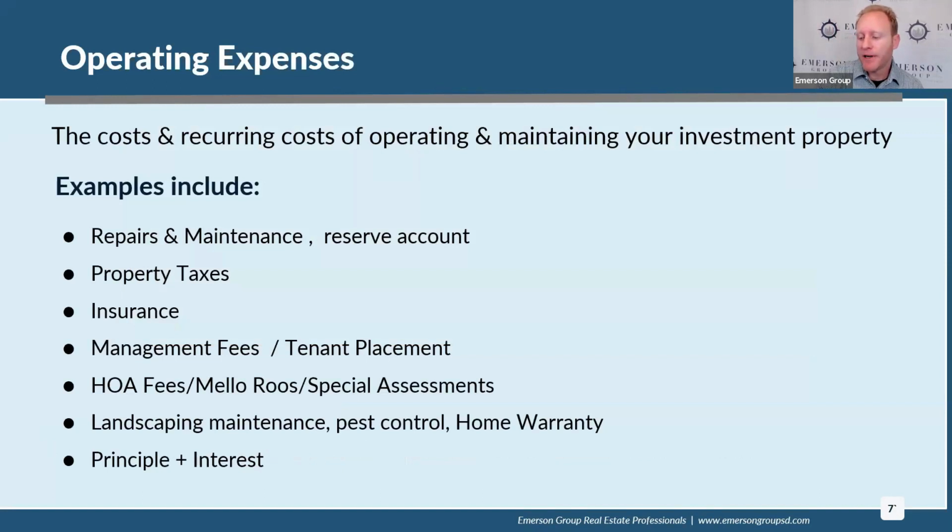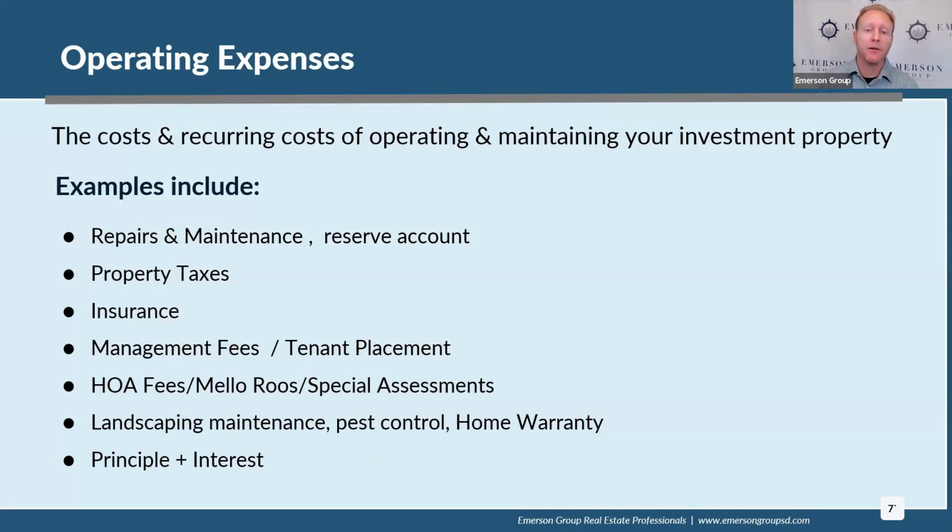Okay, operating expenses: the costs and recurring costs of operating and maintaining your investment property. This is a good refresher of all the things that would be under this category. Repairs and maintenance. Maybe you have a reserve account that you're putting aside, knowing you're going to have a roof coming up, or a larger cast iron plumbing replacement.